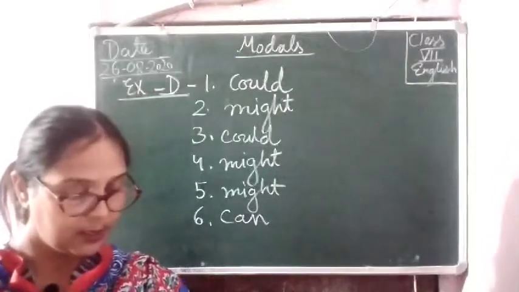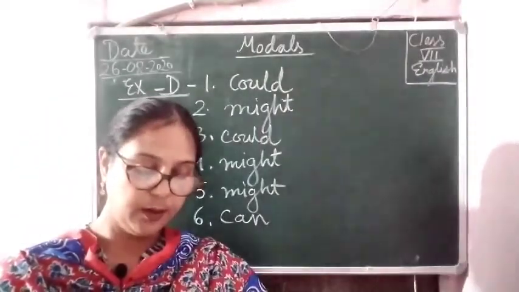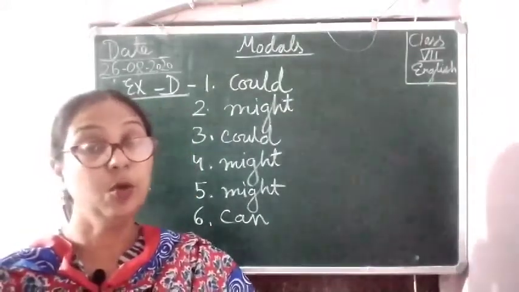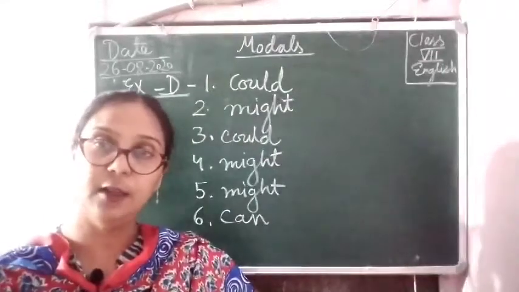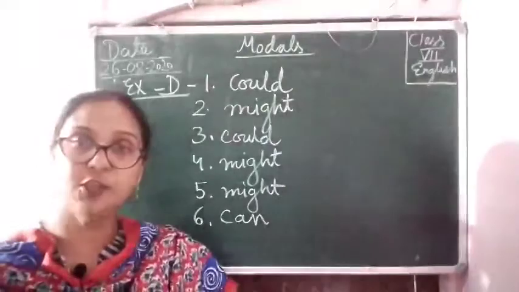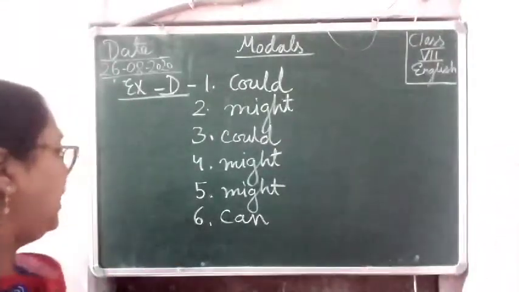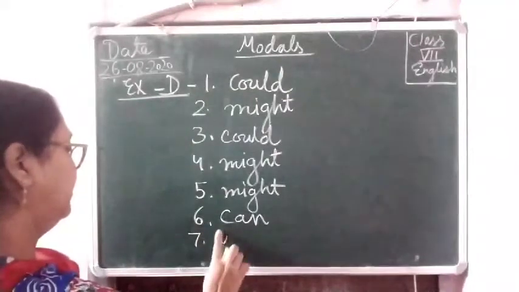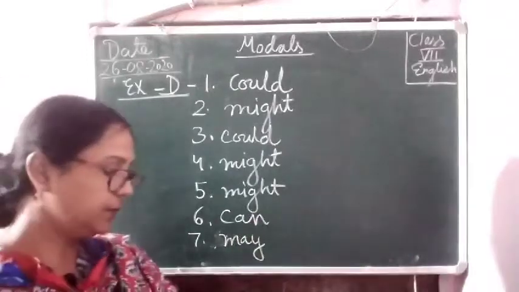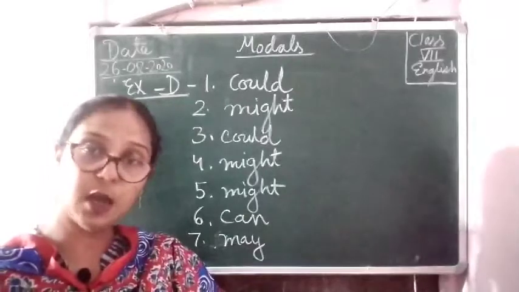Soha dash be in her room right now. In this we are going to show good possibility because it is written inside the box. Which modal can show good possibility? It can be shown by may. So 7 is: Soha may be in her room right now.